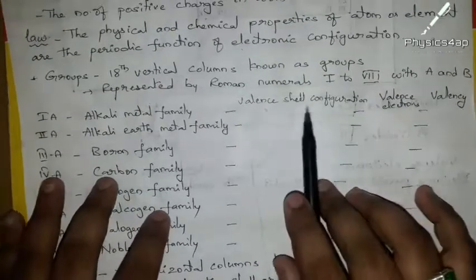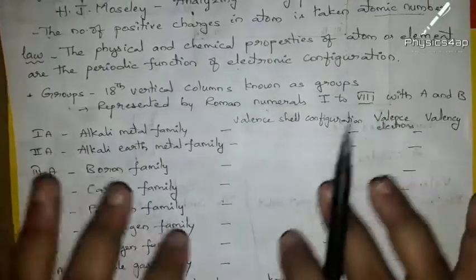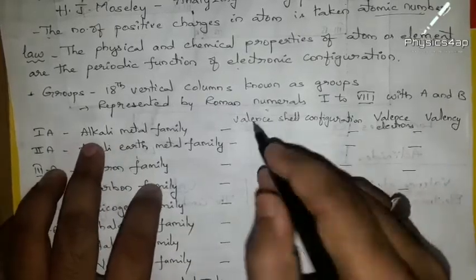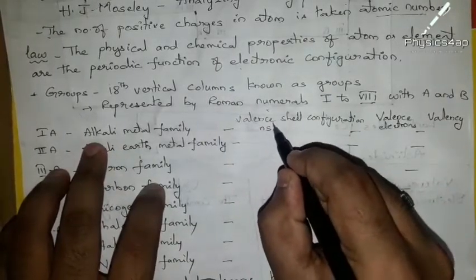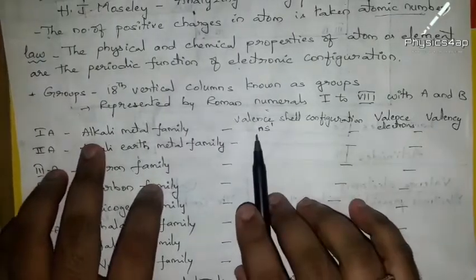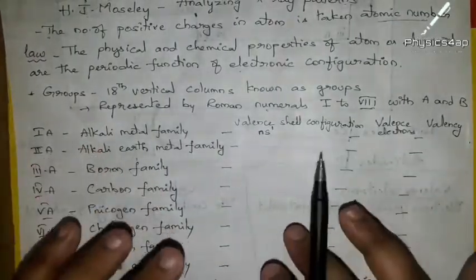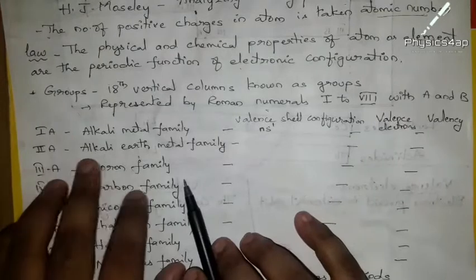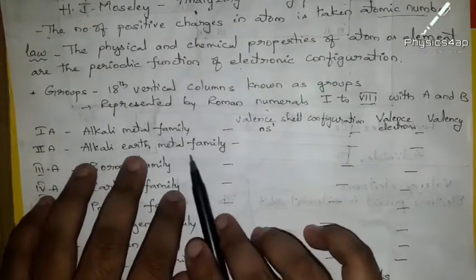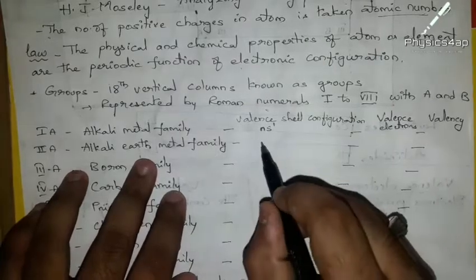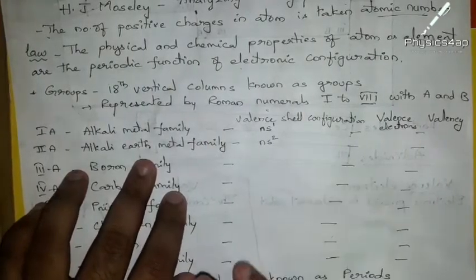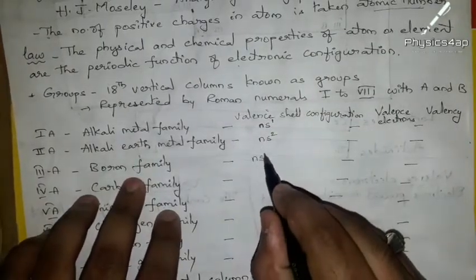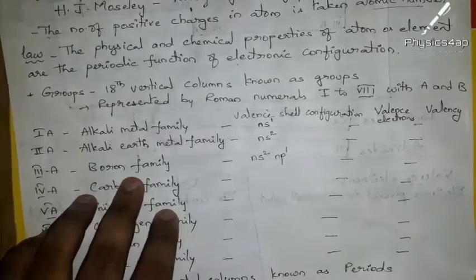Now coming to the valency shell electronic configuration, the basic electronic configuration for 1A is ns1. Here n can be any shell, like 1, 2, 3 and so on. Coming to 2A, the alkaline earth metal family, we write it as ns2. The 3A, the boron family, is ns2 np1.